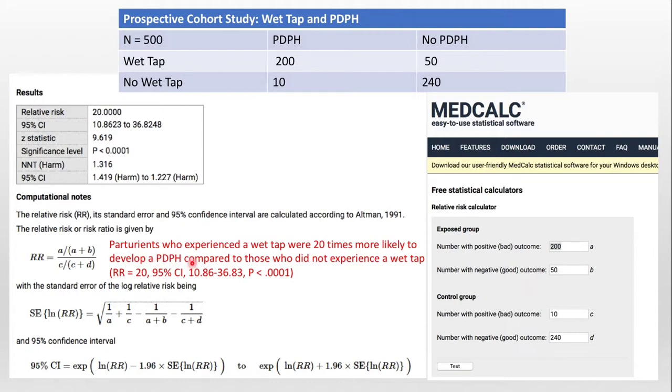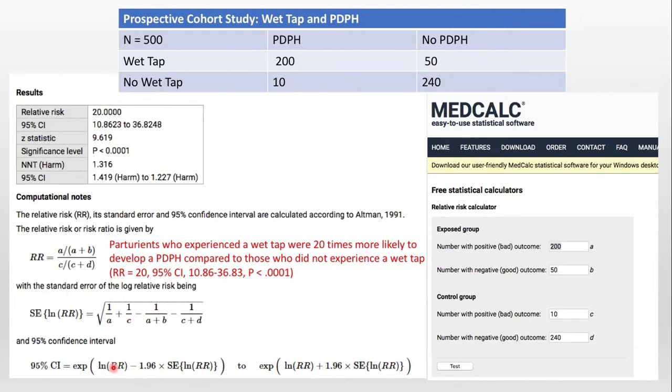And so the way you interpret this is that parturients who experienced a wet tap were 20 times more likely to develop a post-dural puncture headache compared to those who did not experience a wet tap. You can see here I've presented the data, much like it might be in an AMA format, with the significance values.